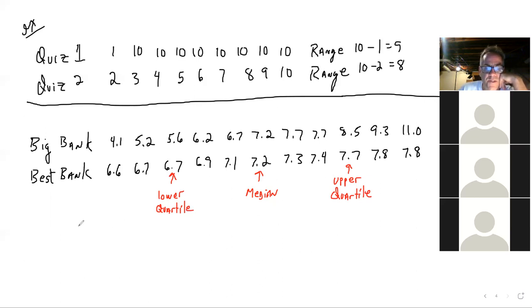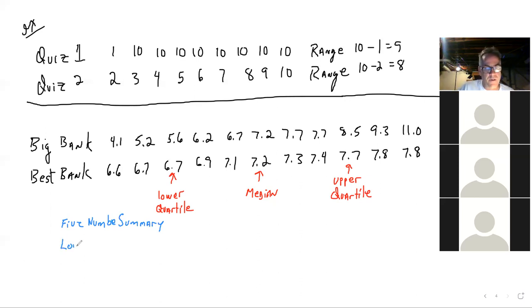But this is going to give me what I call, I'm going to go back and change my color, to blue, my 5-number summary. So I'm going to get 5 numbers out of here.